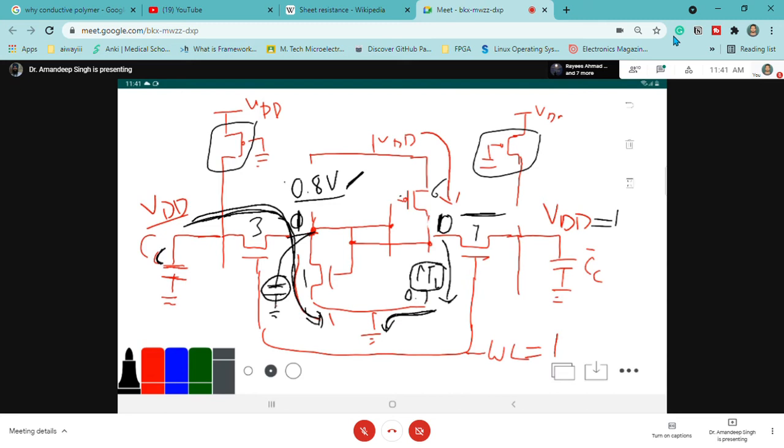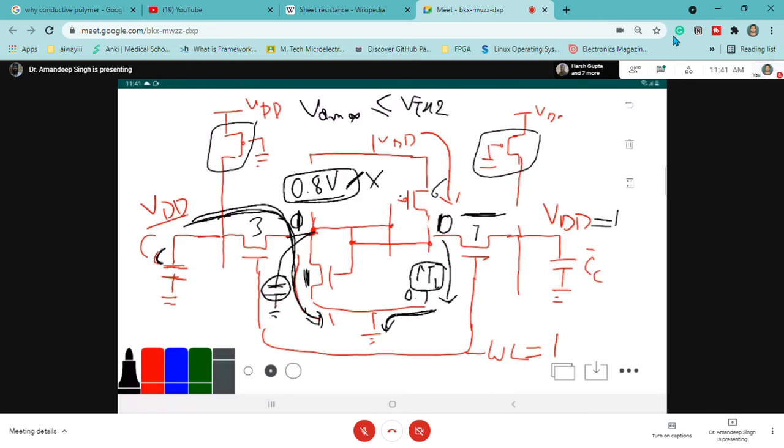Okay, so our purpose should be that we make the W by L ratio of M1 and M3 in such a way that this voltage should not go beyond the threshold voltage of M2. What I mean to write is that VQ maximum should be less than or equal to V threshold of M2.